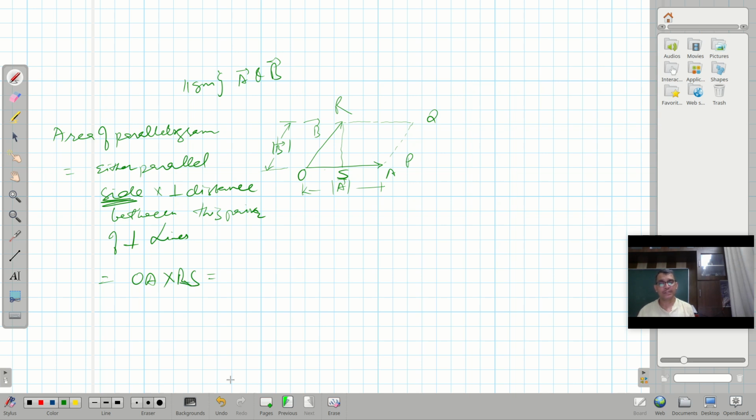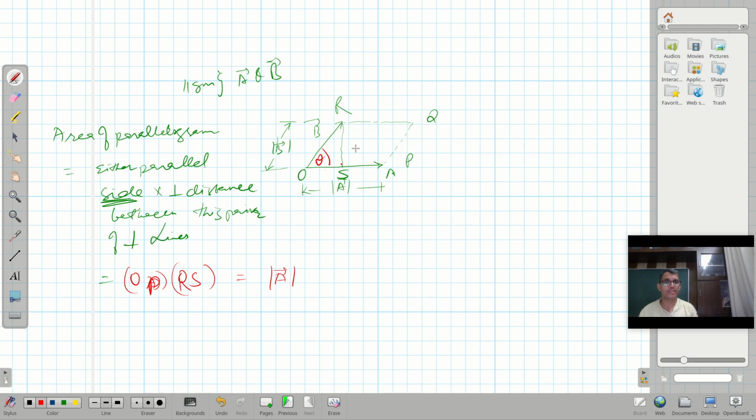So the area of the parallelogram is OA into RS. What is OA? It is the magnitude of vector A, and these sides make an angle theta.